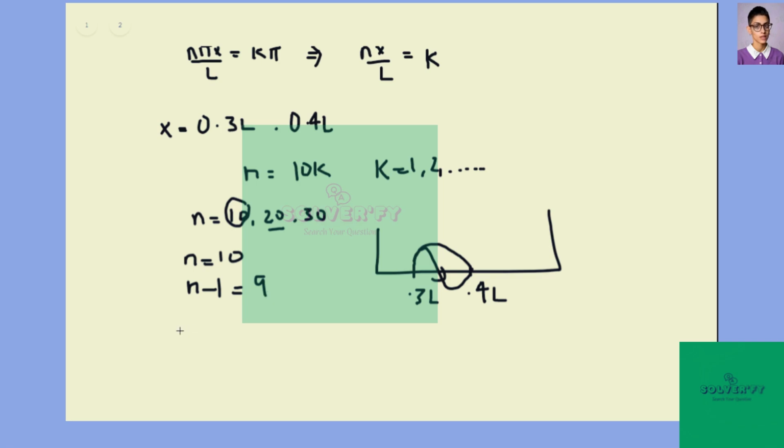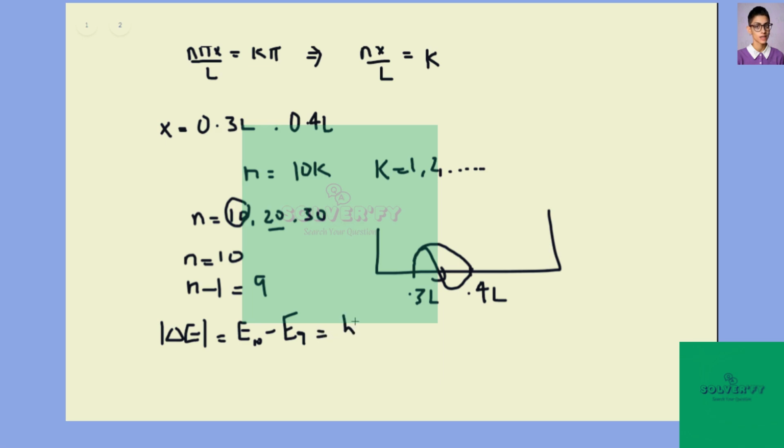So the energy of the photon that is emitted should be the difference between the energy of level 10 and the energy of level 9.